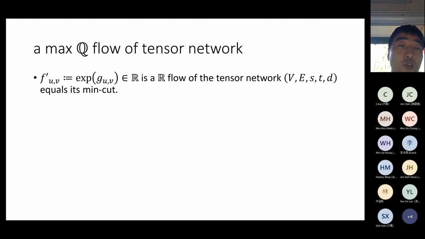To do that, we first try to find a rational flow of the tensor network. As we see, we now have a positive or real flow of the tensor network with capacity D, which equals its min cut, because for the min cut, we take the log and then the exponential, and it does not change it.